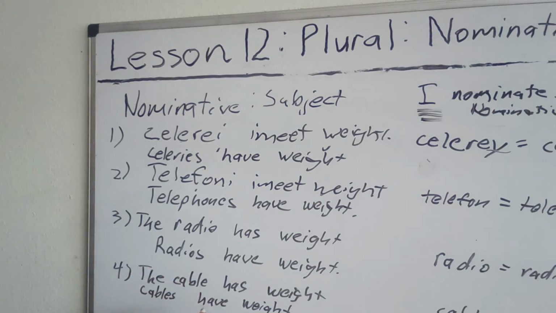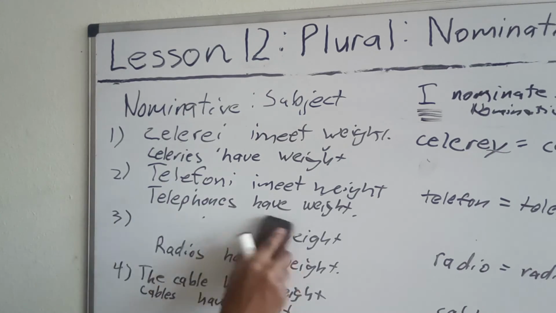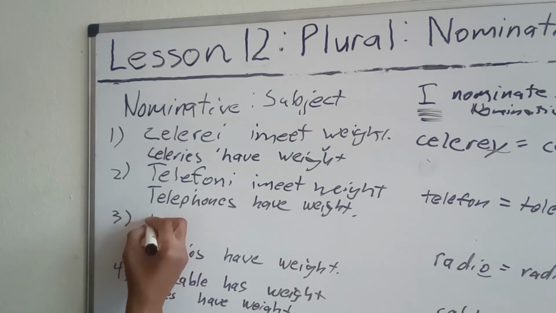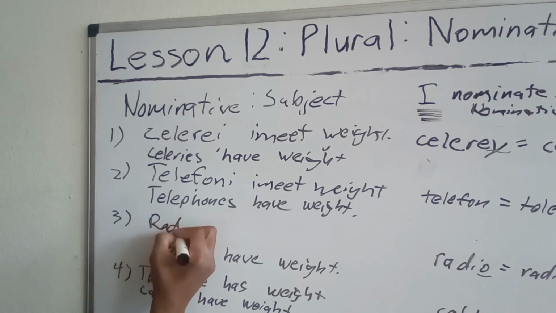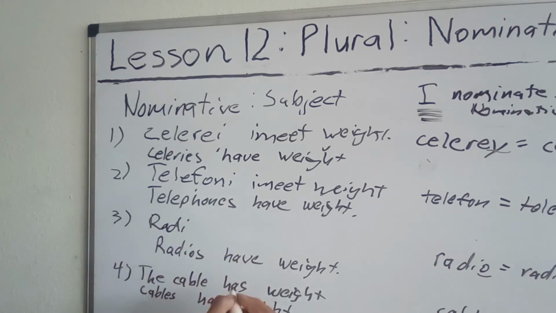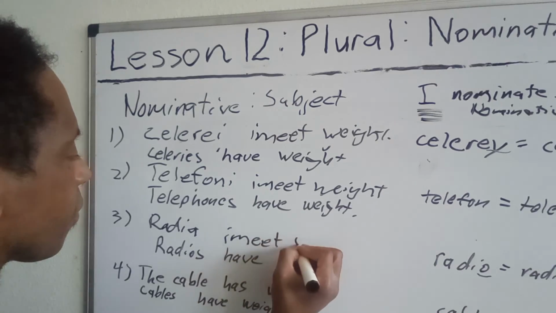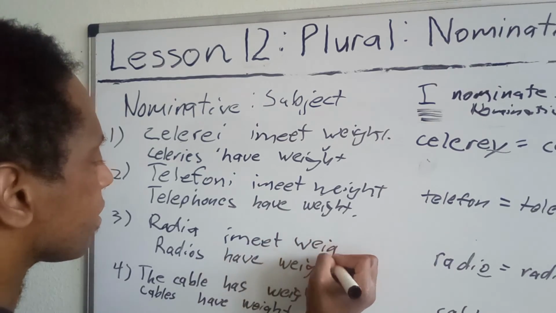Okay, next. Radios have weight. It ends in O, so O to A, and E to Ya. So radia have weight. Okay.